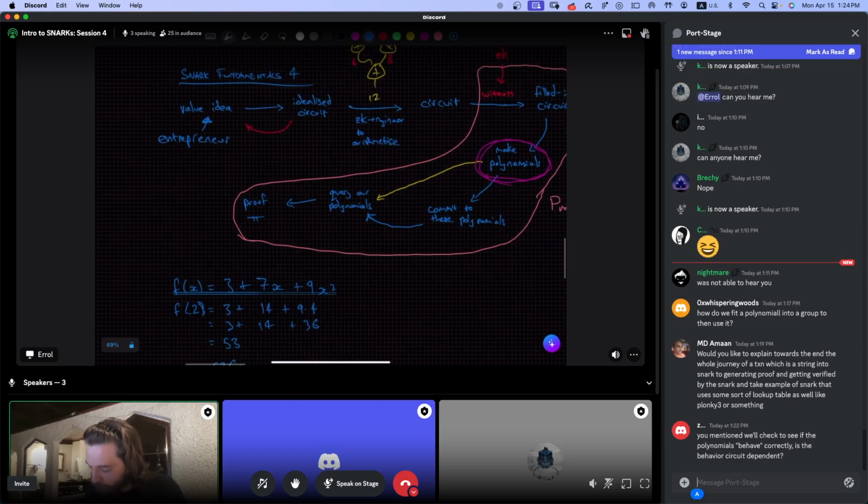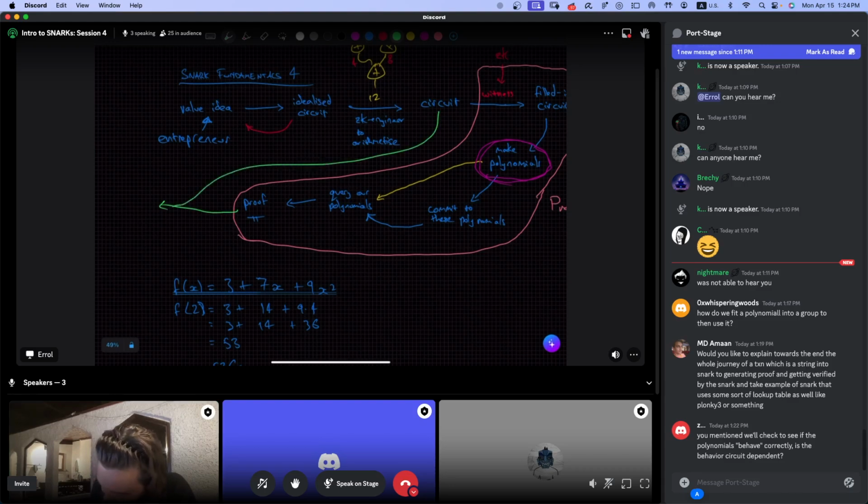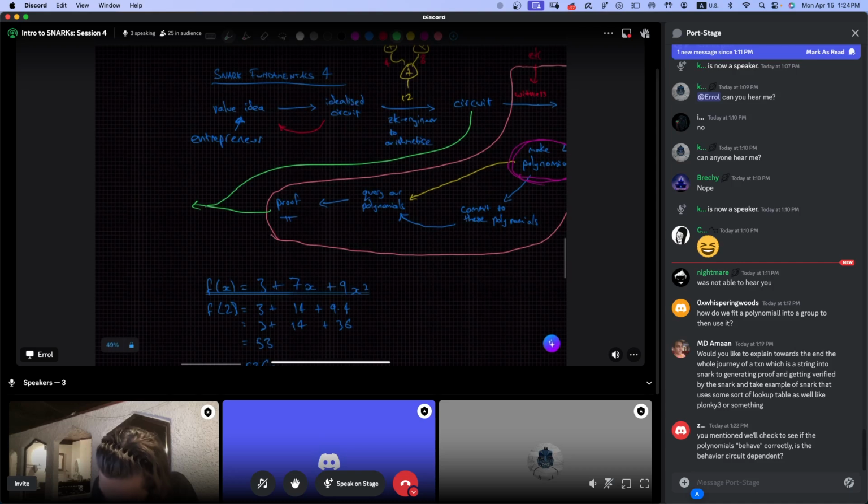What the verifier will do, let's take green. The verifier will take in the proof, and they'll also take in the original circuit. Check. We can call it behavior, or use the verification method that the proof system tells us to use.